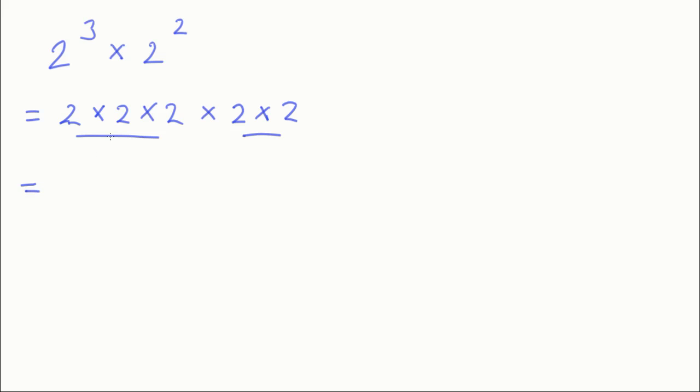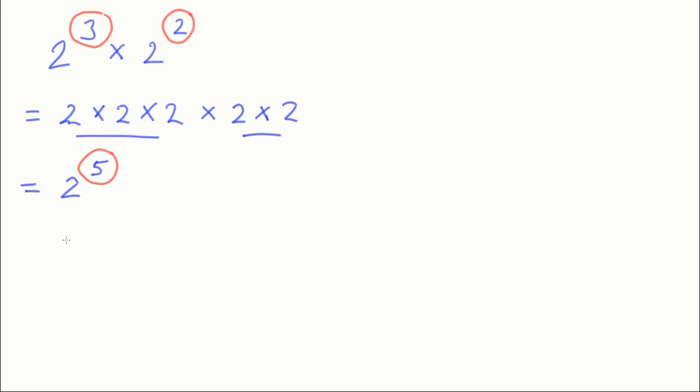And here there are 5 2's, or 2 multiplied by itself 5 times, and in index form that equals 2 to the power 5. So how do you get this 5 from the 3 and the 2?